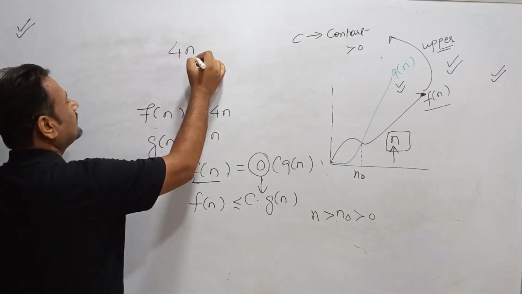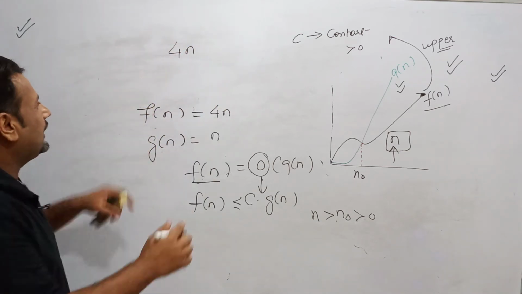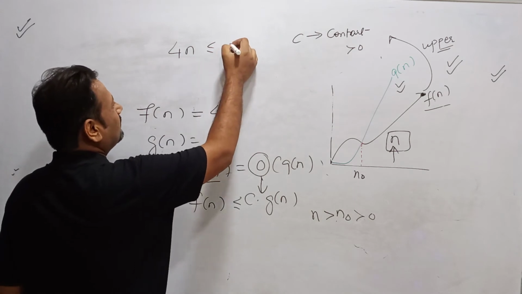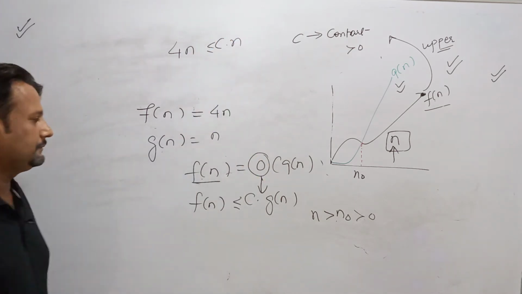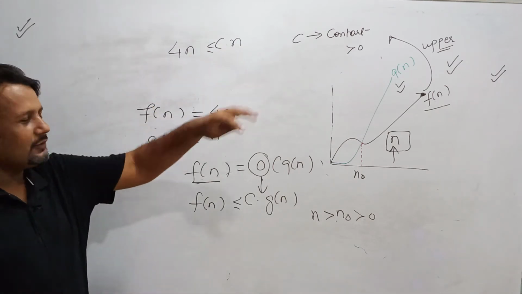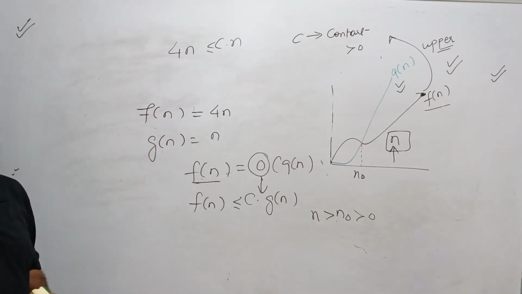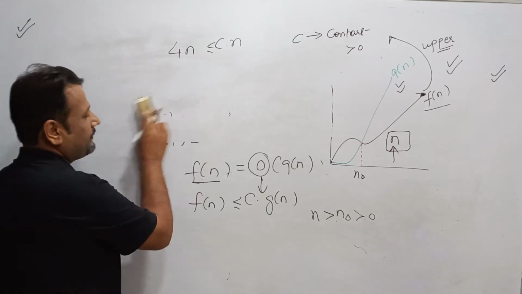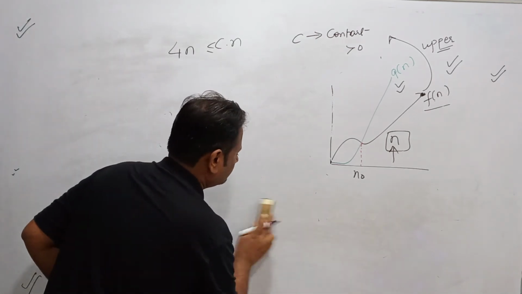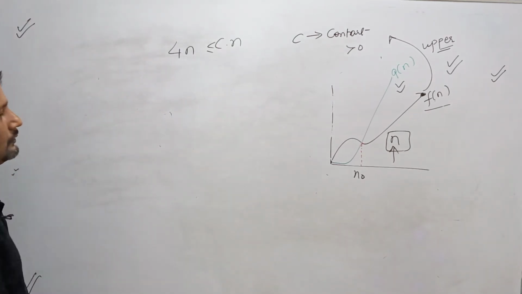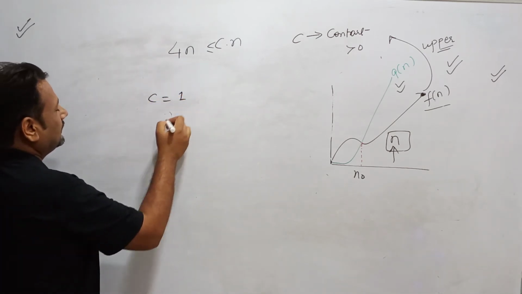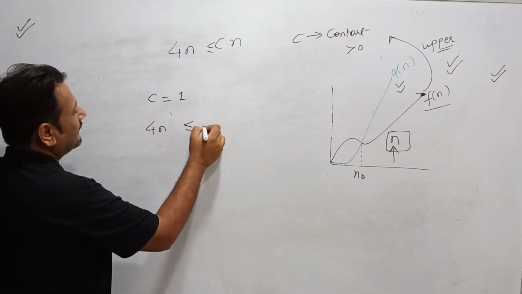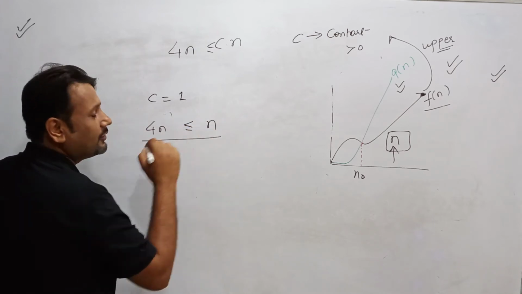4n, what do we need to prove? That 4n is less than or equal to c into n. Now tell me for which value of c this is going to be true. Let me take one. If I take c equal to 1, this will become 4n less than or equal to n, so this is not true.